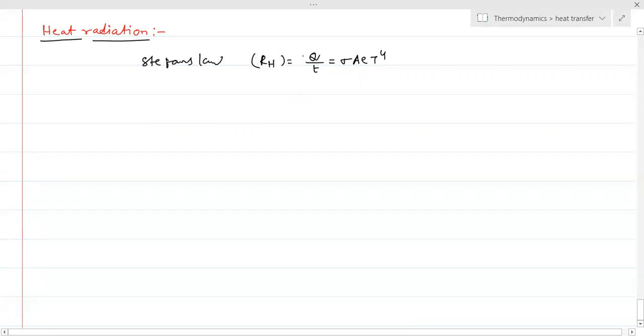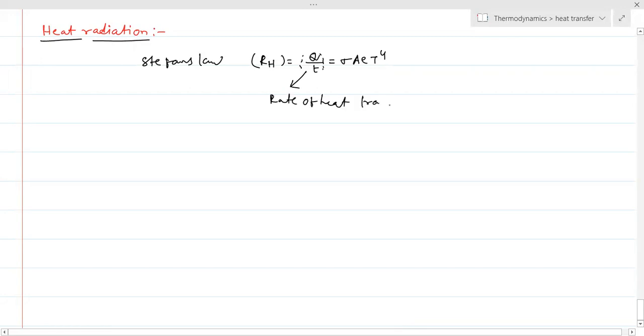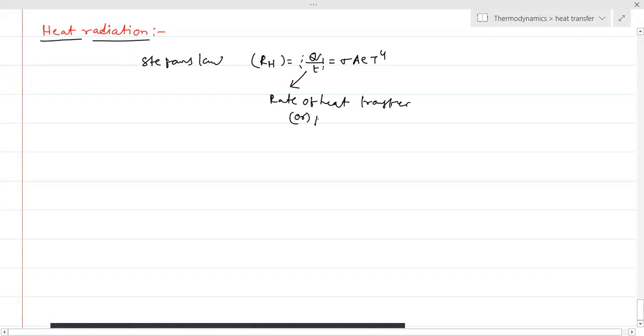So this is the rate of heat transfer, or we used to call it power, the power dissipated.